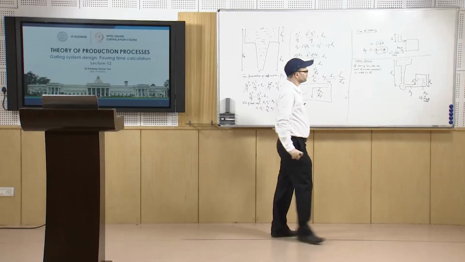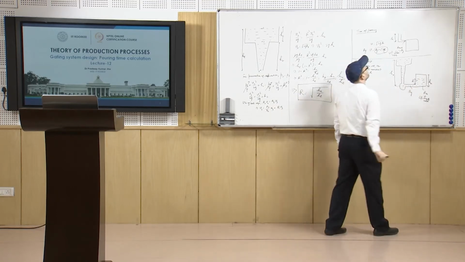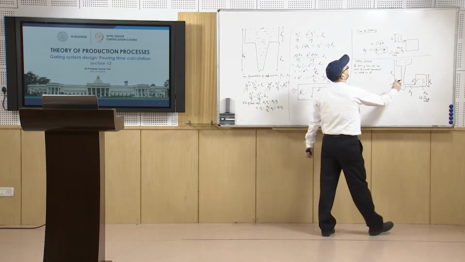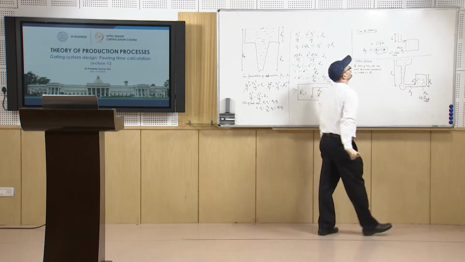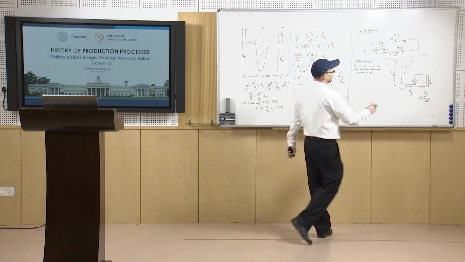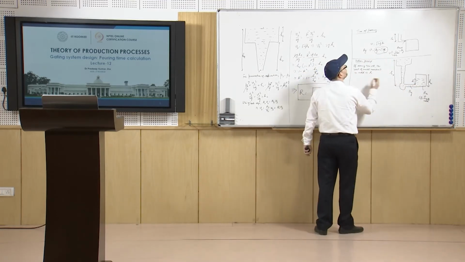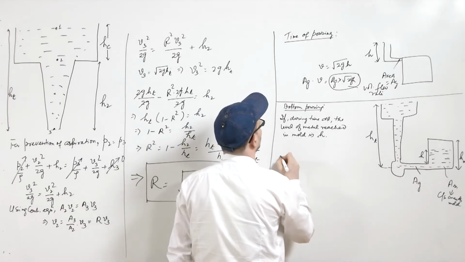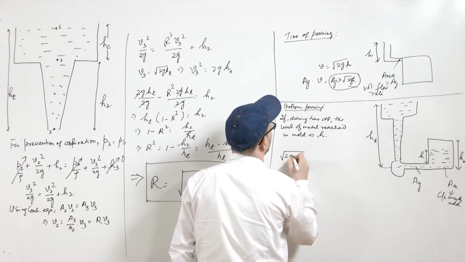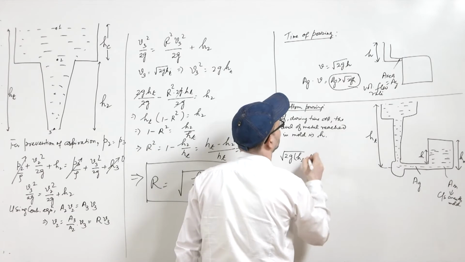At that time the area is AG and the velocity will be root 2 g (HT minus h).